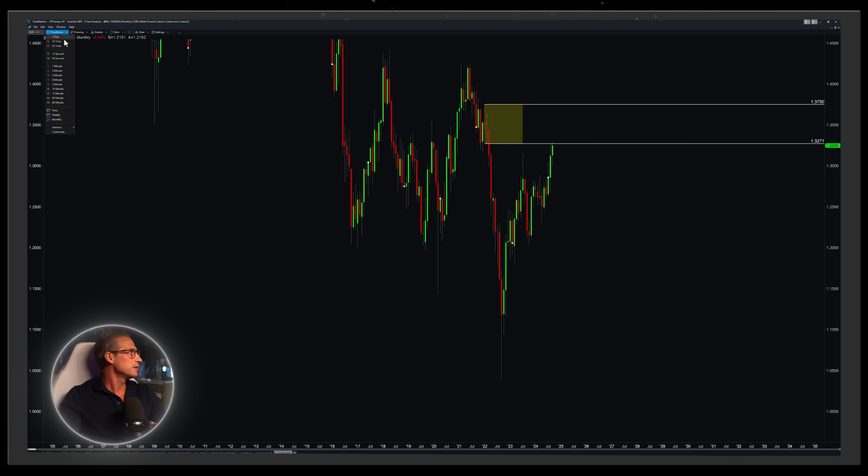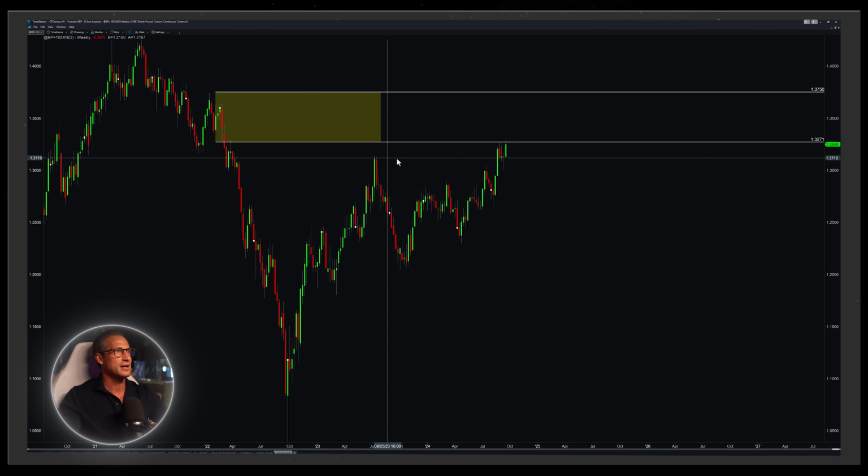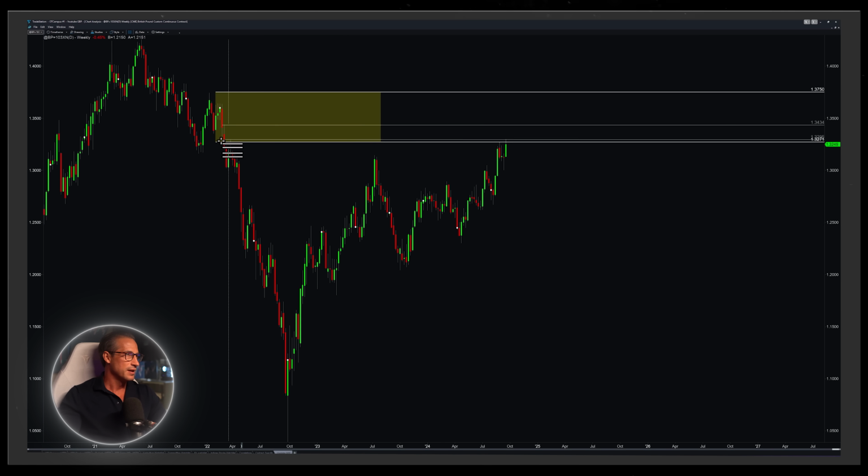Now we are going into the weekly chart, and surprise, surprise, we are moving into a weekly supply zone as well. And by the way, this is something that I'm going to teach you now. I think I have not taught this before on this channel. You see this part here, that's also a zone, but that is called a wick over wick.